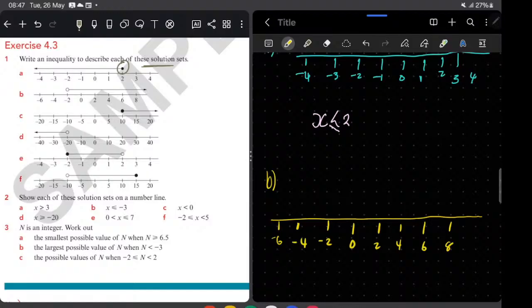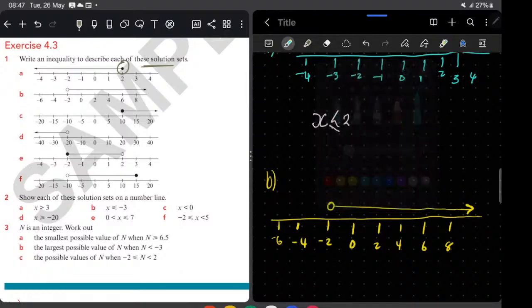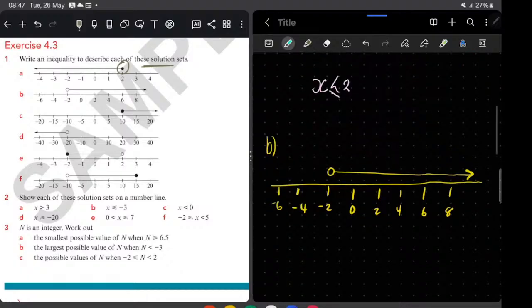It keeps going. Then you can see it starts at -2 and goes like this. Does anything change because I've used the 2, 4, 6, 8 number line? No. I've just represented more things.